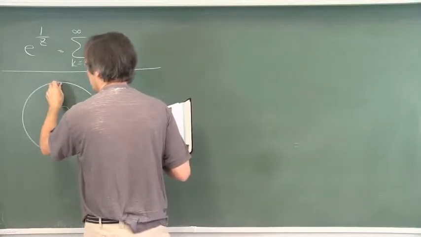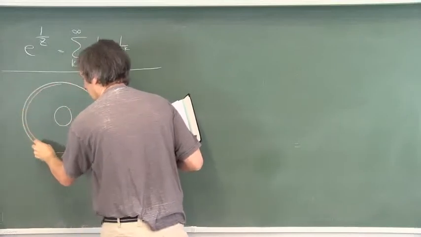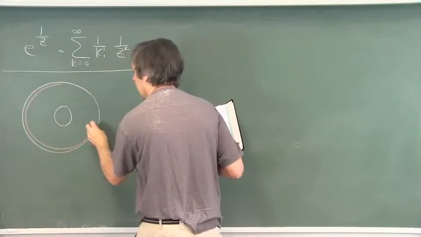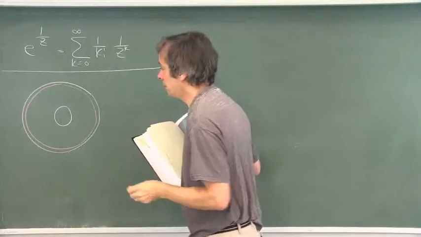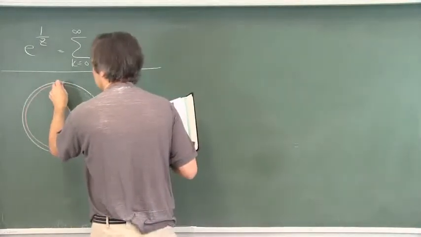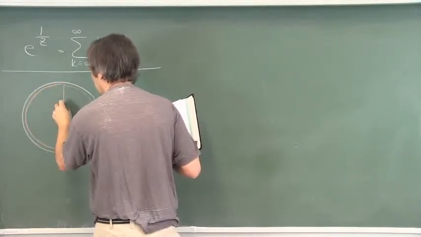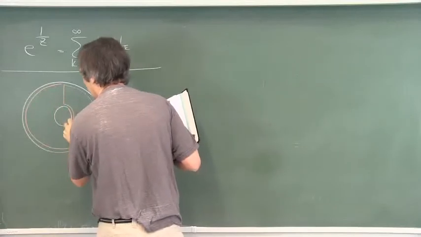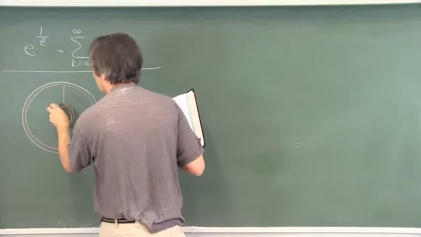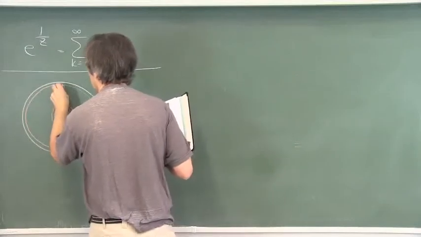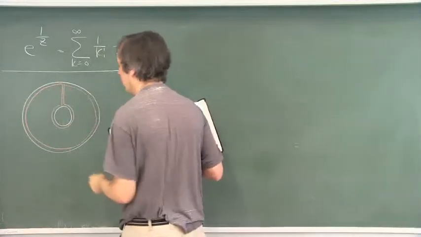So what you do is instead the following. You start drawing a circle like this, going around here. But when you get up here, then instead of connecting to the circle here, you go down like this, and then you circle the interior part here once, and then you go up like this, and then you connect to the point where you started here.